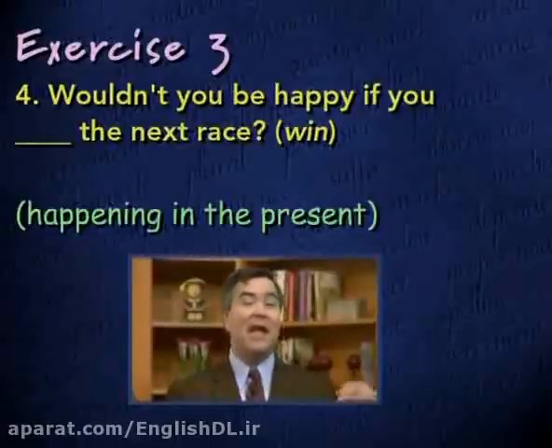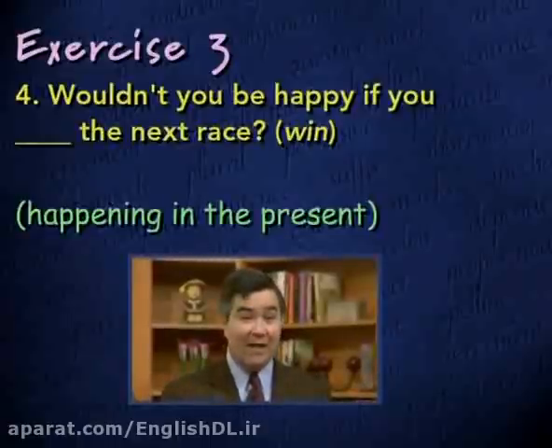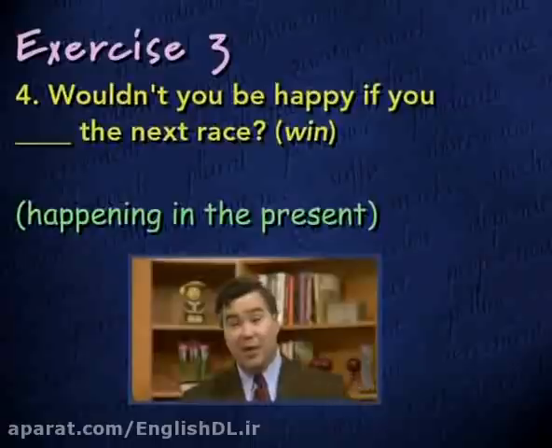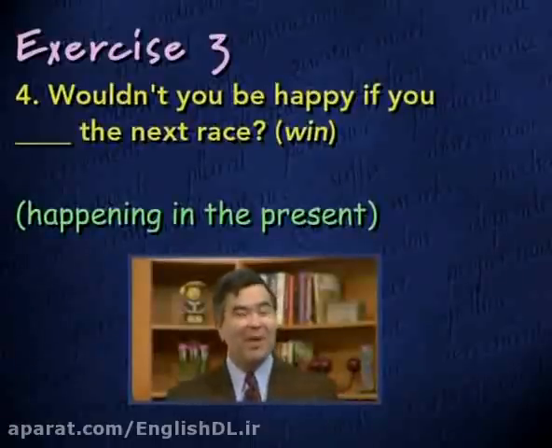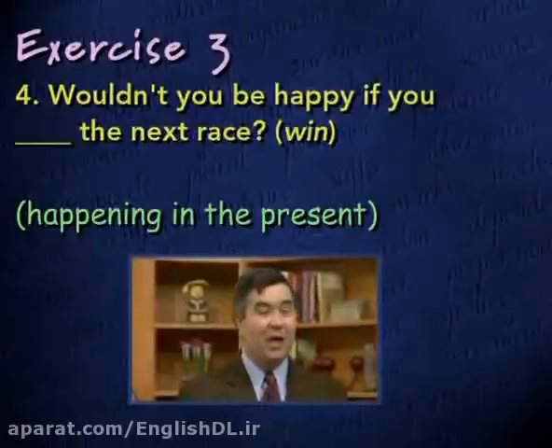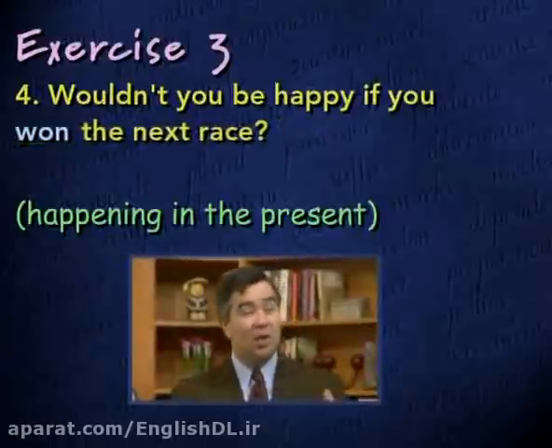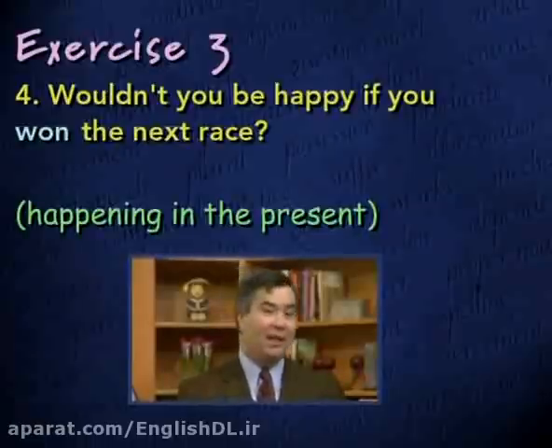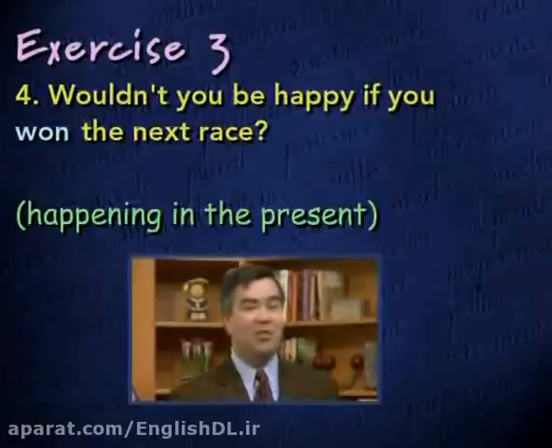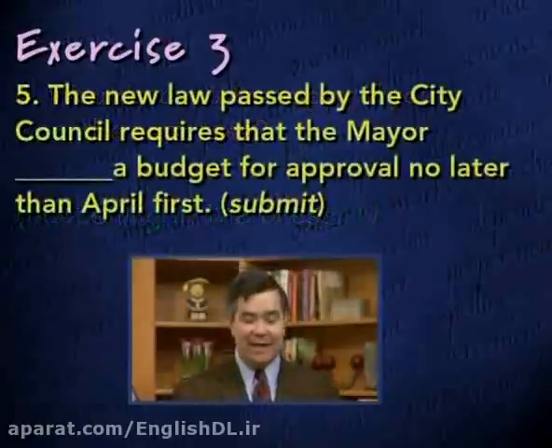We're talking about something happening now, not in the past. So therefore, we want the present subjunctive, which, remember, looks the same as the past tense form of the verb. What's the past tense form of the verb win? Won. So we simply insert the verb won, and the sentence would correctly read, wouldn't you be happy if you won the next race?